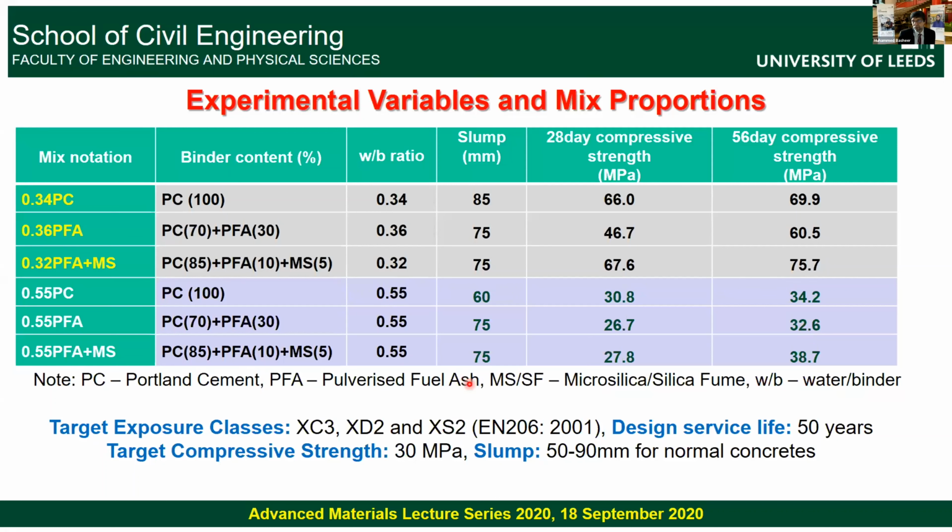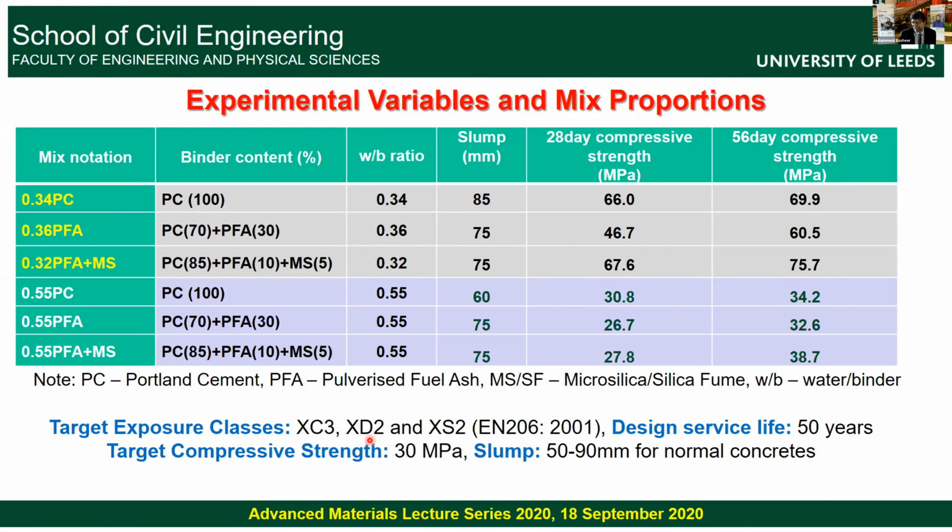And in order to do that, we simulated the exposure environments in the lab. And to do that, we looked at the BS EN 206, which is the European standard. And this is the exposure to carbon dioxide, where you have a relatively low humidity. And this one is the one where you have the exposure to wetting and drying.